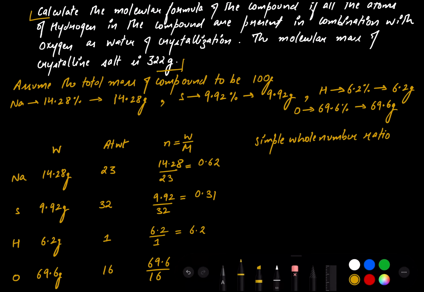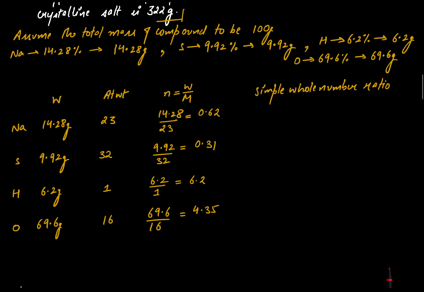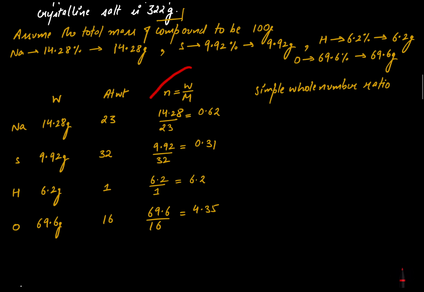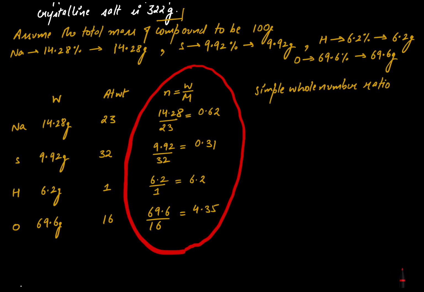You have to first check all your values of number of moles. In all these values, just mark the value which is the lowest one, and it is 0.31. Now divide all the values of number of moles by the lowest value, that is 0.31.